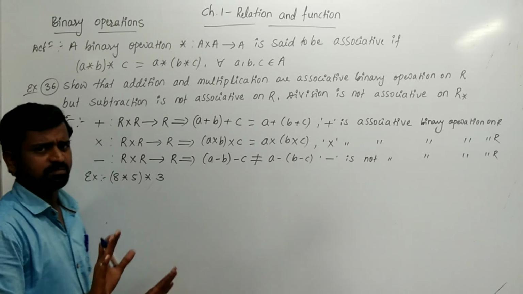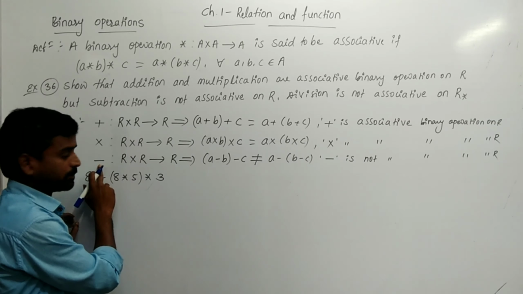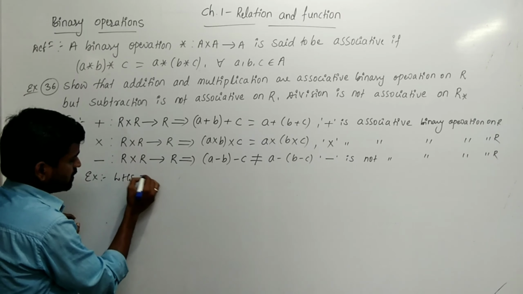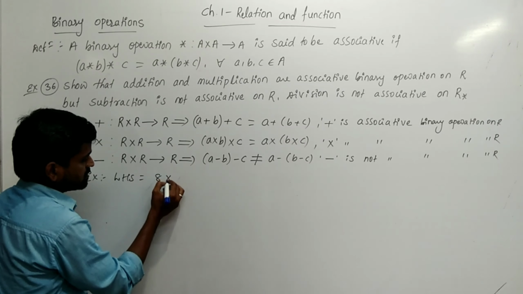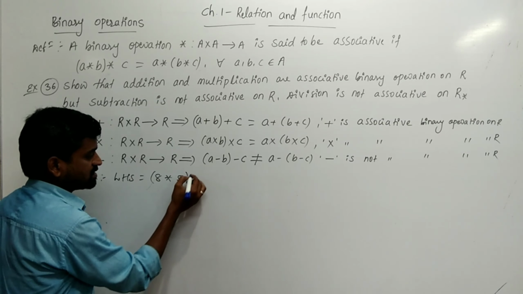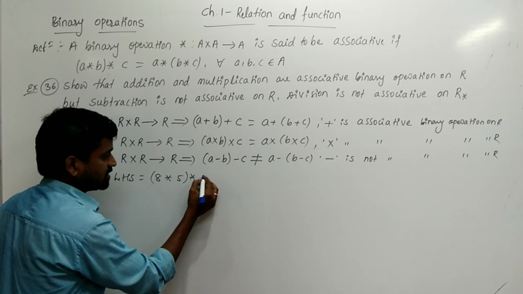You take any real numbers, the operation subtraction. LHS equal to A star B star C. A is 8, B is 5, C is 3.